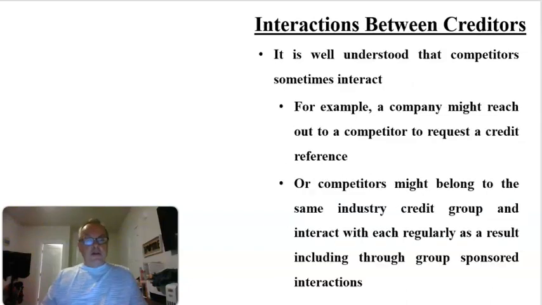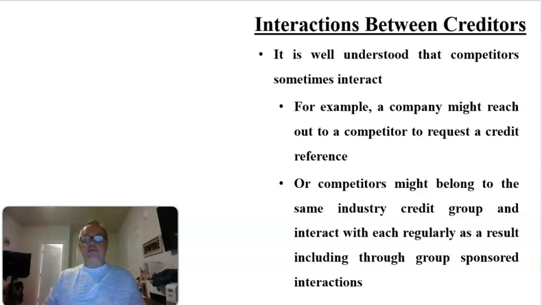The federal and state antitrust laws don't have a prohibition against interactions between creditors. It's well understood by anyone who's knowledgeable about the way business works that competitors sometimes interact.